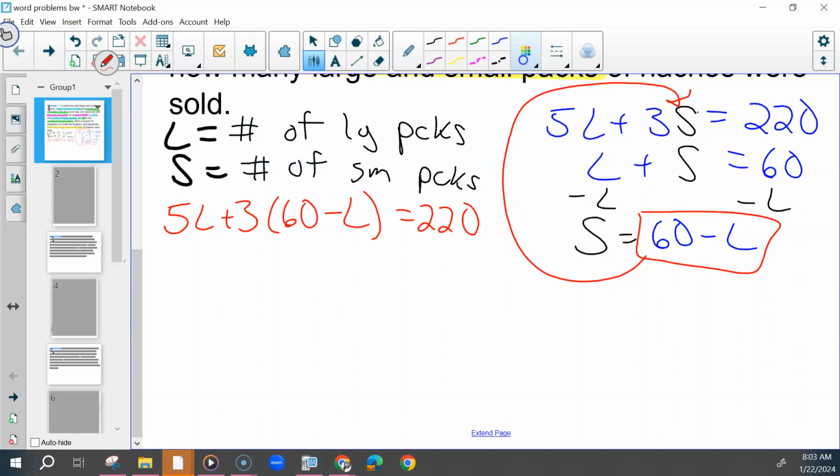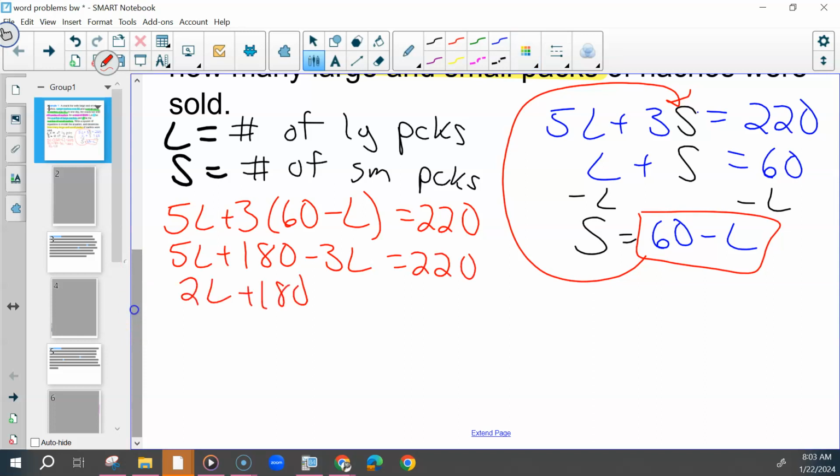And then solve. Distribute, combine like terms. If we combine our like terms here, we get 2L plus 180 equals 220.